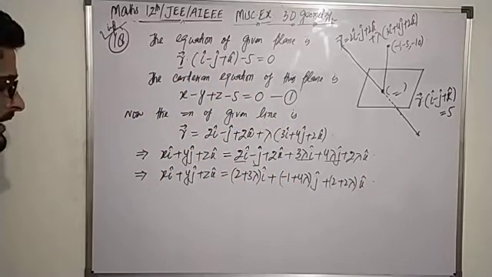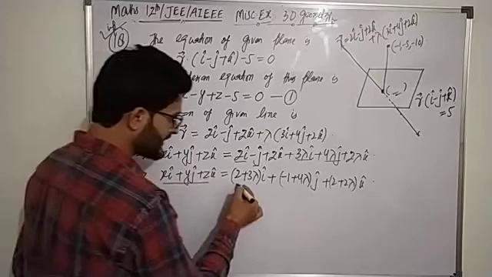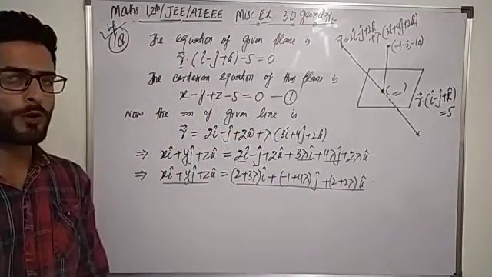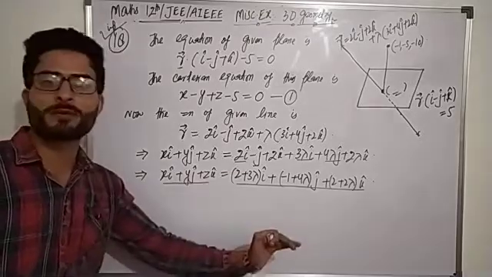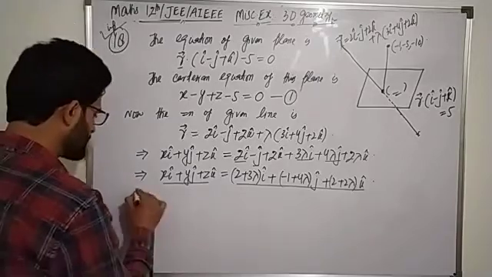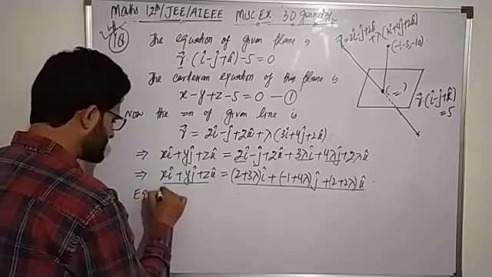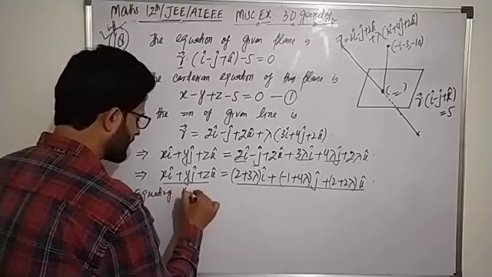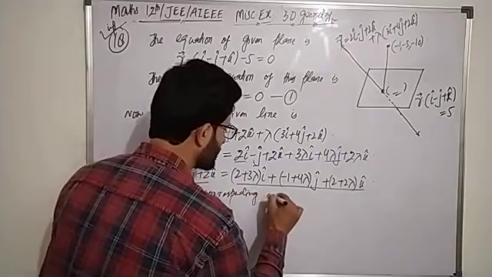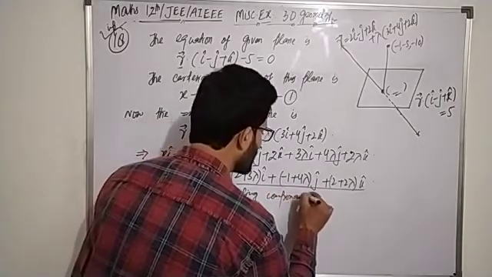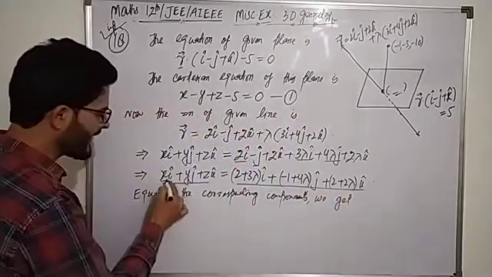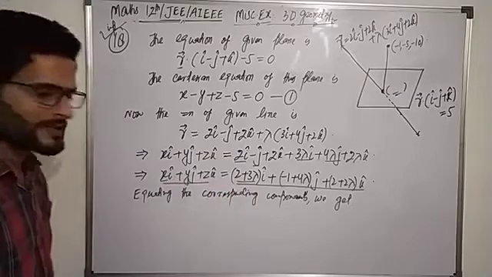Is that clear? So in the LHS we have a vector and on the RHS we have again a vector, and both the vectors are expressed in terms of their components. When two vectors are expressed in terms of their components and they are equal, the corresponding components must be equal. So equating the corresponding components, corresponding components को equate कर दो. So हमें क्या मिलेगा, we get the first component x must be equal to first component 2 plus 3 lambda.